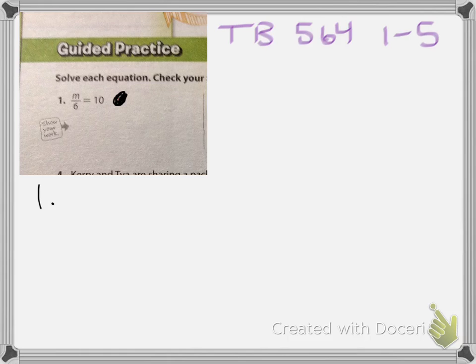So for number 1, first you have m divided by 6 equals 10. I do want you to rewrite the m divided by 6 equals 10 because we're doing multiplication, and the number 1 here makes it tough for you to show that you're multiplying each side by the inverse operation. So first rewrite the problem, then we're going to say, okay, our variable here is m. What's being done to m? M is being divided by 6. So let's undo dividing by 6 by multiplying by 6.